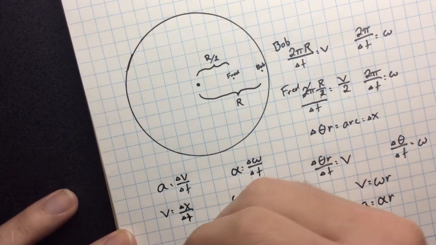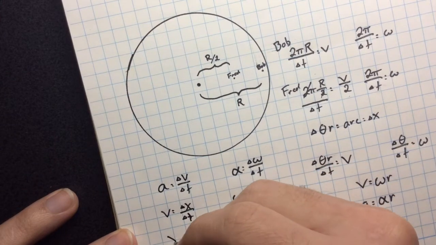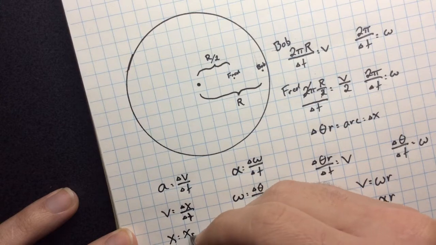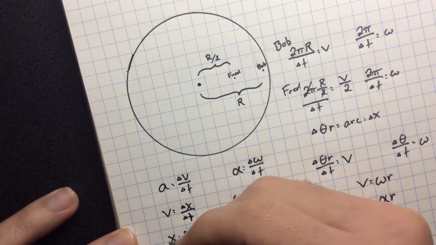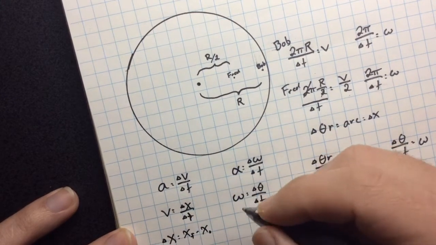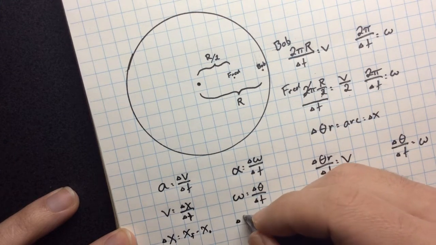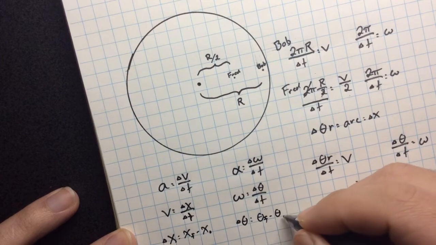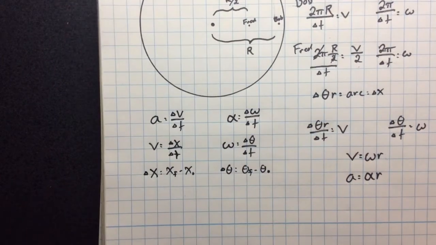And then lastly, the position that you go through is just your final position minus your initial position. That's your change in position. And your change in theta, well, that's just your final theta minus your initial theta. So really it's just looking at your changes in angles.